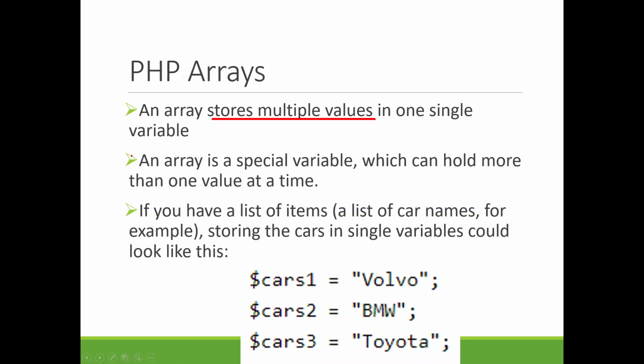So it's a special type of variable. How is it able to store multiple values? It stores them in a list, and every position in the list is defined by a number.